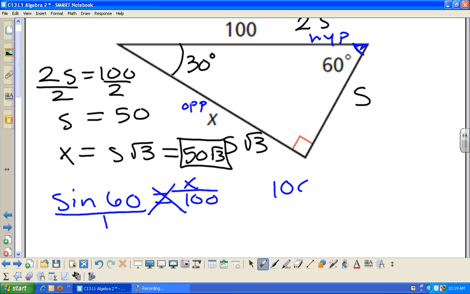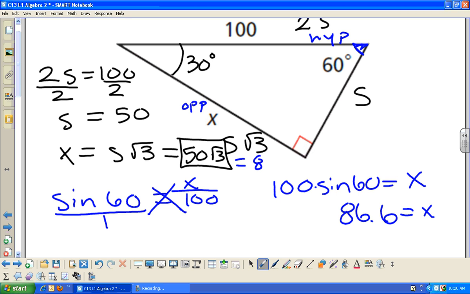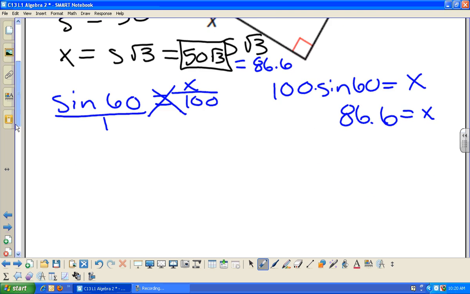So 100 times sine of 60 would be equal to x. And if I were to solve this out, 86.6 equals x, which is the same thing as 50 square root 3. So I do not care which way you pick to solve these problems.